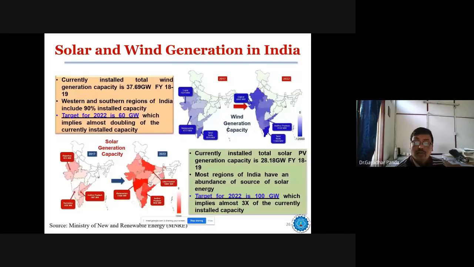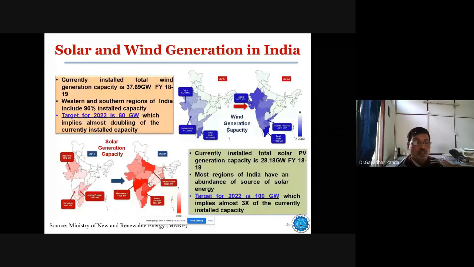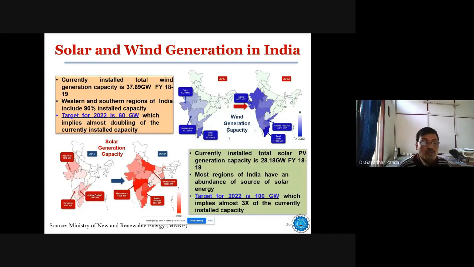This is the target for all of us. Not only for power industries, you can generate 5 kilowatt, 10 kilowatt power at your home also. That is also surplus for the power system. And this data we have collected from MNRE.